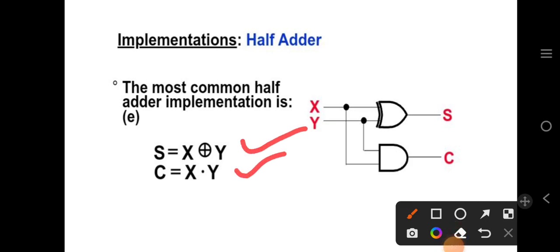So we will use an XOR gate. We will give two inputs x and y to the XOR gate and we will take the output, that is sum. Now for the carry, we need an AND gate to which we have given two inputs x and y, and the output we will take as the carry, which is denoted by C. So this is how we have implemented the half adder.